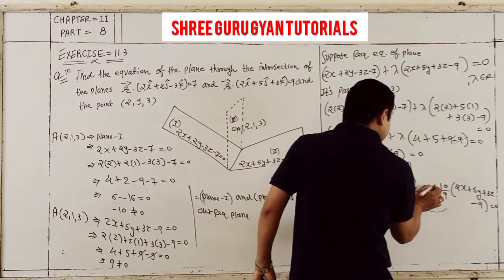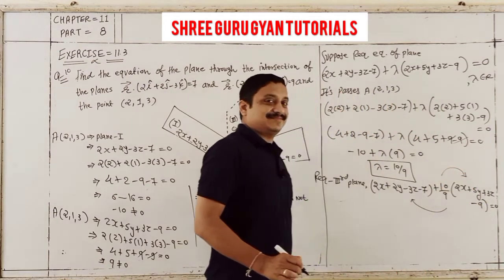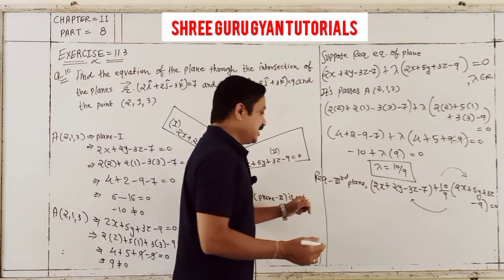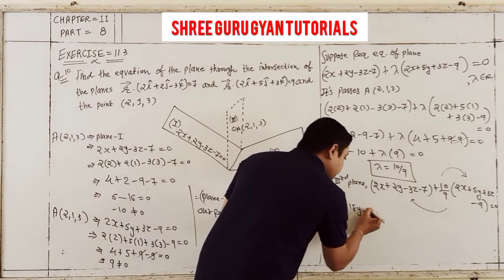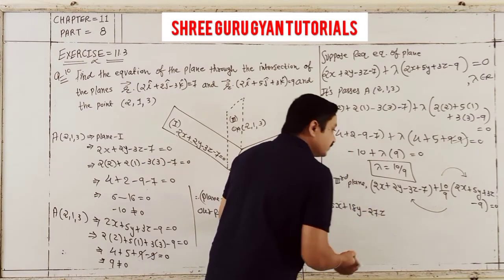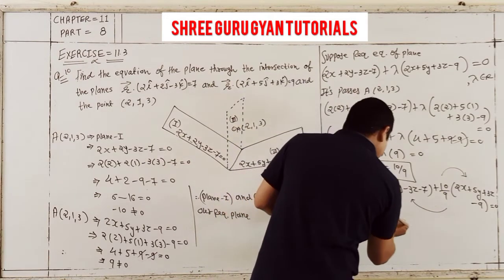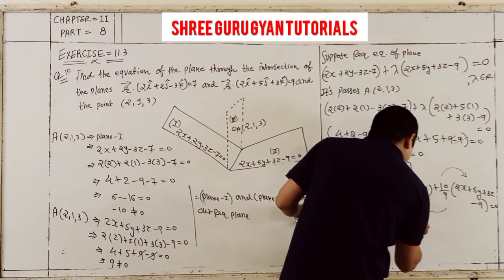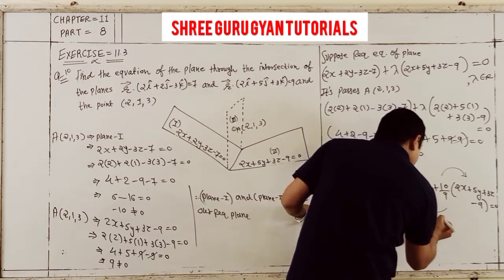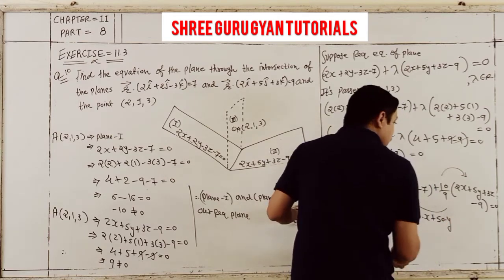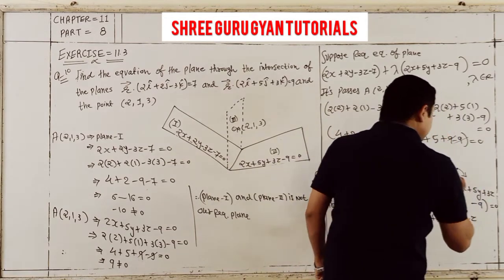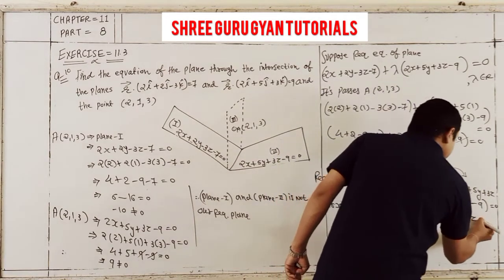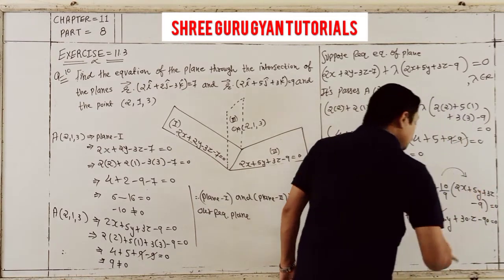Students, this 9 I multiply, and 10 multiplies these. So 9 into 2, 18x, 9 2s are 18y, 9 3s are 27z, 7 9s are 63, and here 20x plus 50y plus 30z, and 10 9s are 90, minus 90 is equal to 0.